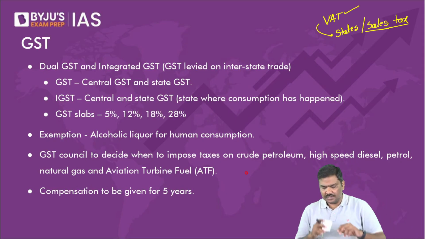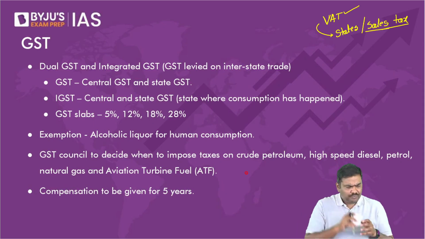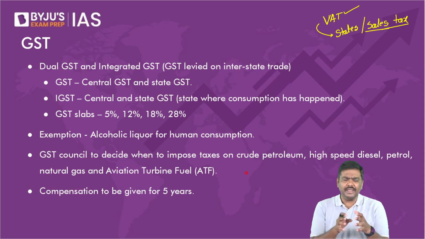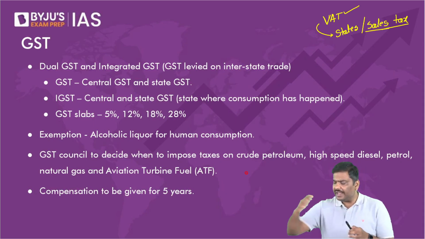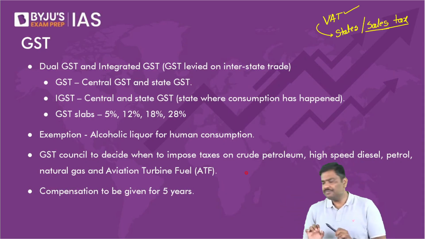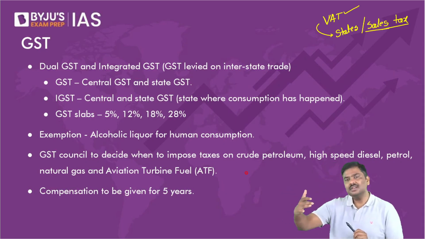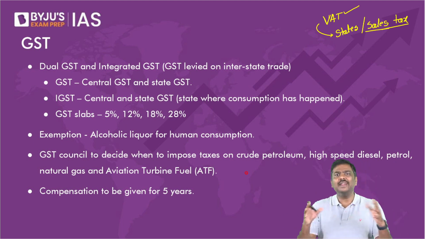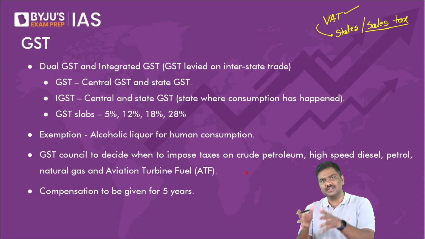And after this, what are the features of GST? Basically, to implement GST, we have taken the indirect taxes from the central level and from the state level, and we have created a new system, goods and services tax.